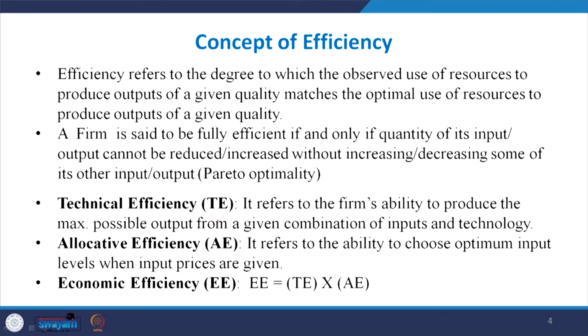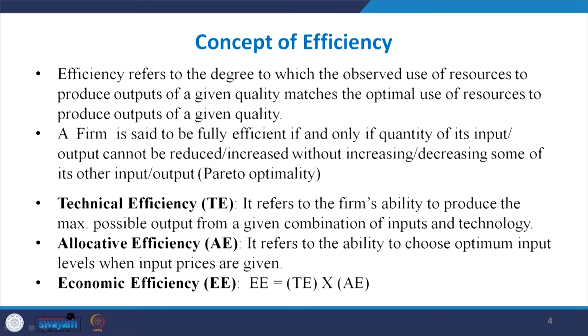Efficiency refers to the degree to which the observed use of resources to produce output of a given quality matches the optimum use of resources to produce output of a given quality. So, if we know the given level of quality, we decided the quality of the product, then efficiency measures the ratio of what is being produced and what is the optimum level of output that can be produced.